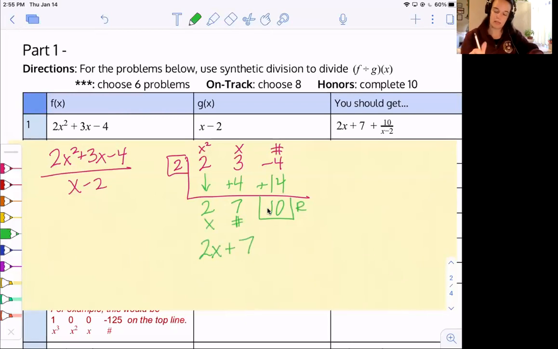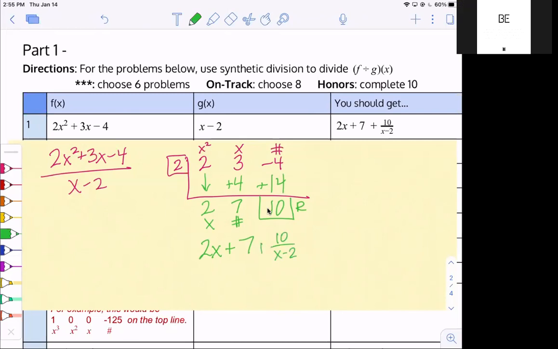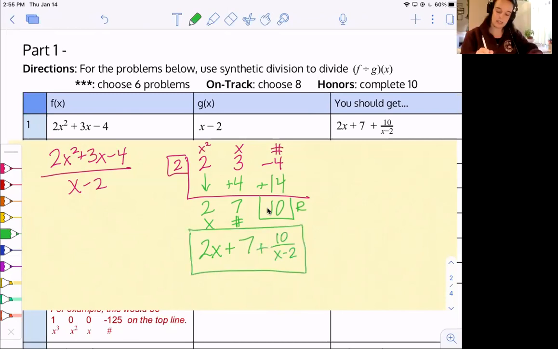How do I write my remainder? 10 over x minus 2. And is it plus that fraction or minus that fraction? Minus. Good job, Roxana. Thank you, Emiliano, as well. So this is my answer here, and it matches what I should have gotten. Sweet.